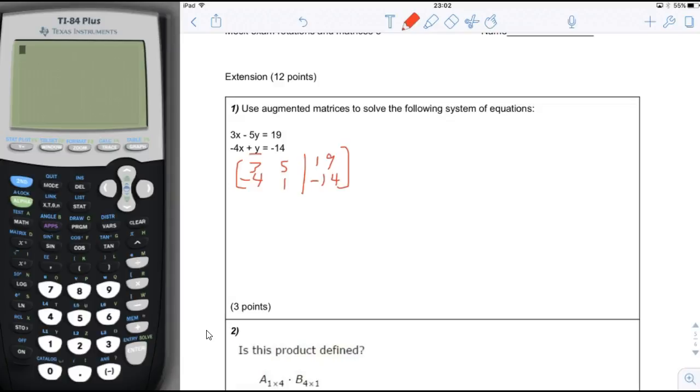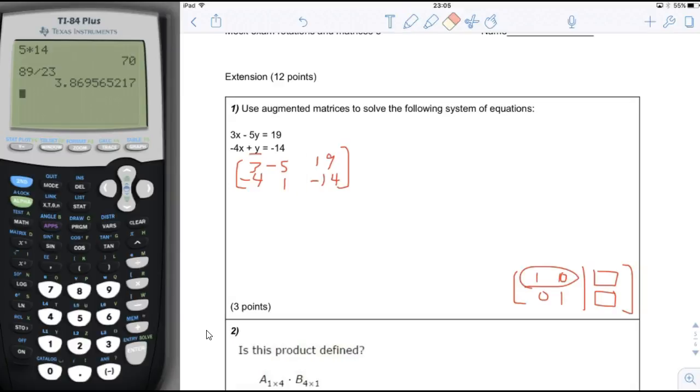My objective at the very end is to have the identity matrix on the left and then some numbers on the right, which are going to be the answers as to what x and y are. Just notice that I forgot to put a negative here because it's negative 5, not positive 5. And then I'm going to put a vertical line here for the equal sign.